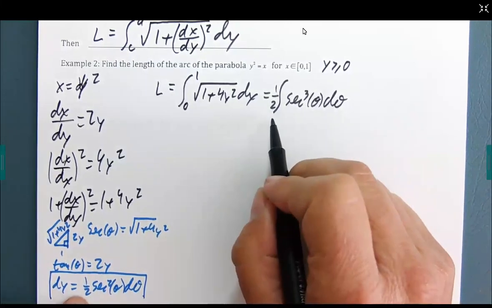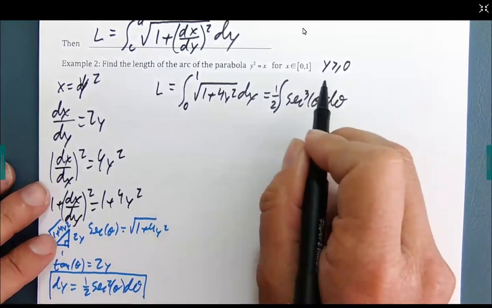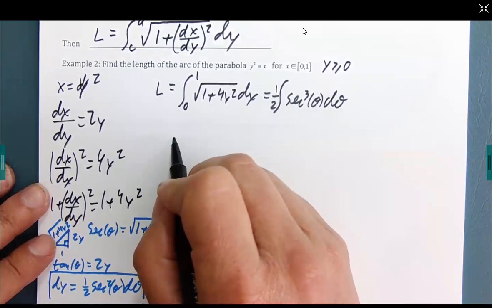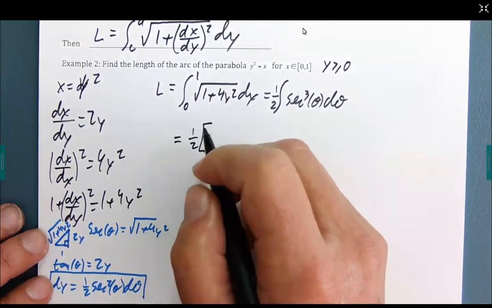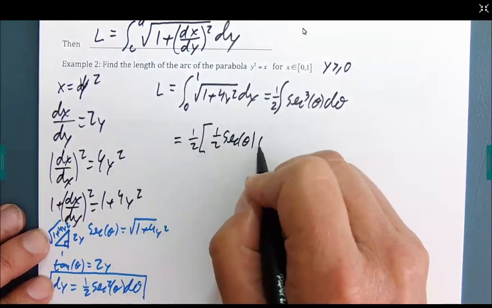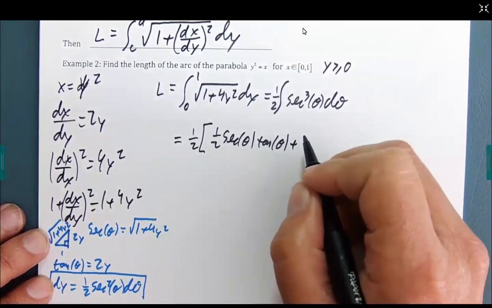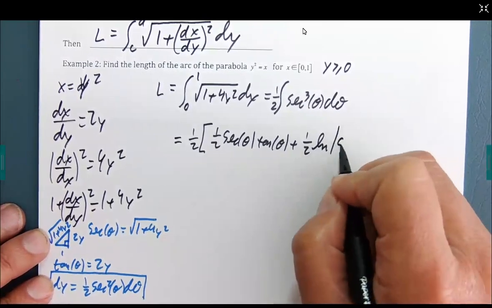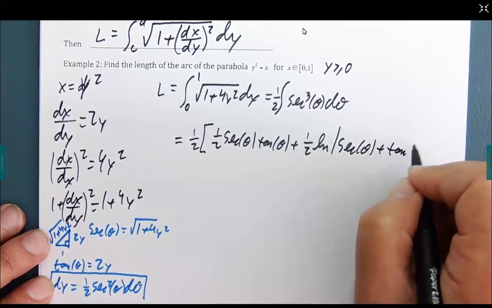There's the 1/2 d theta. And I derived the integral of secant to the third in a previous video. And that gave us 1/2 secant theta tangent theta plus 1/2 natural log of secant theta plus tangent theta.